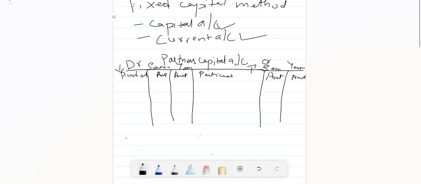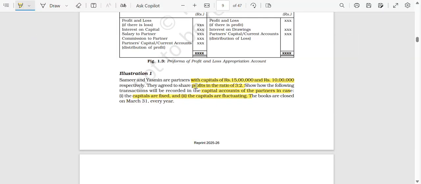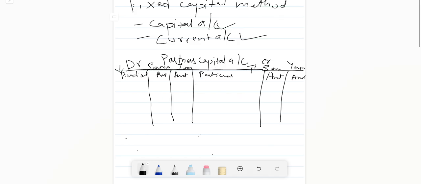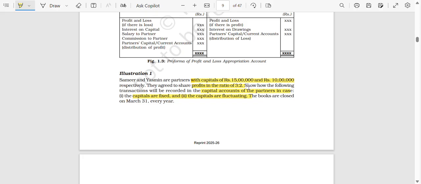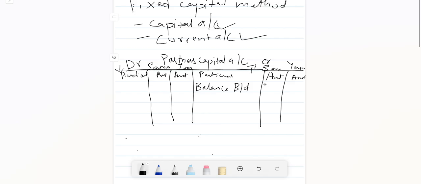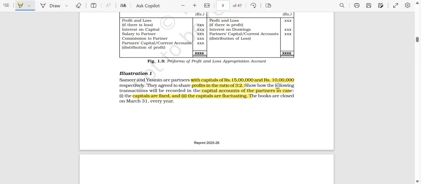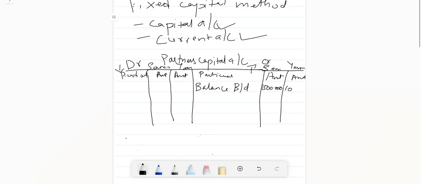So in the capital account, an increase in capital will be on the credit side, a decrease in capital will be on the debit side. We will do this for 2-3 questions so that you are familiar with what transactions are recorded in the capital account, and what transactions are on the credit side and the debit side. Okay, so capital of 15 lakhs by balance brought down: Samir 15 lakhs and Yasmin 10 lakhs.